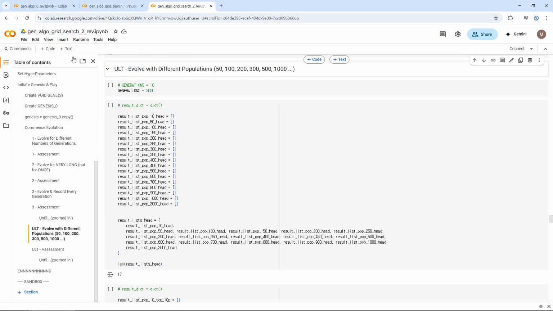So the last ultimate step in this case is to evolve, but with different numbers for the population size, starting from 50 to 2000. I mean, before it used to be 3000, but 2000 should be fine.